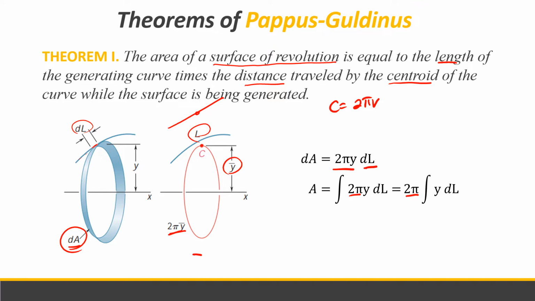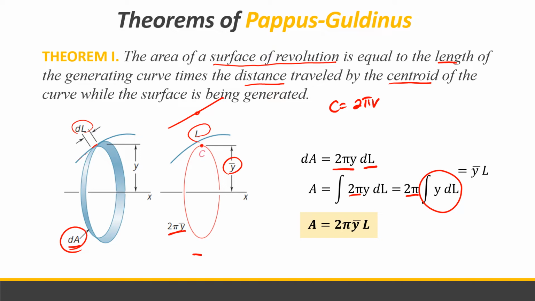If you remember the previous problems, the integral of y dL is equal to y bar L. Okay? So, we substitute y bar L into the integral of y dL. So, our area becomes 2 pi y bar L. So, it's just that.